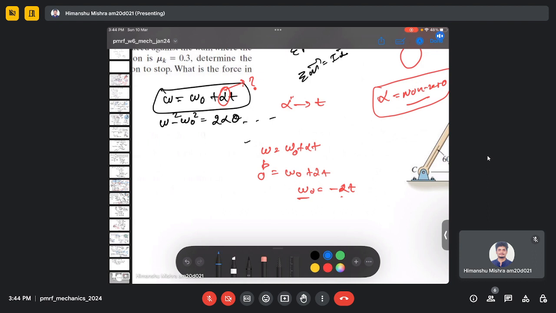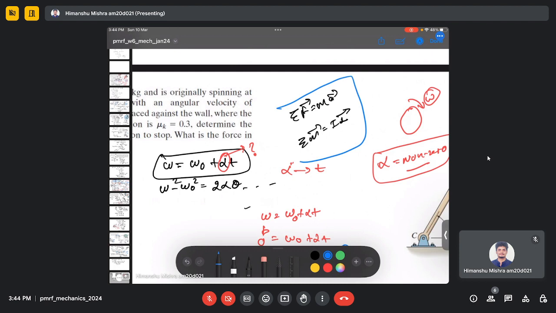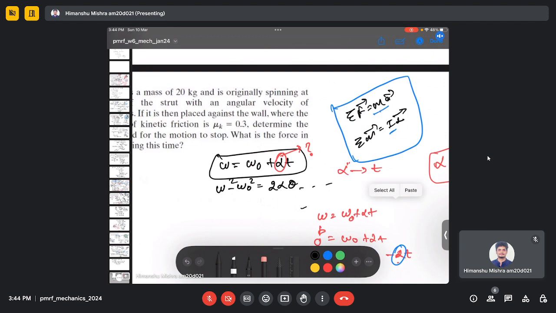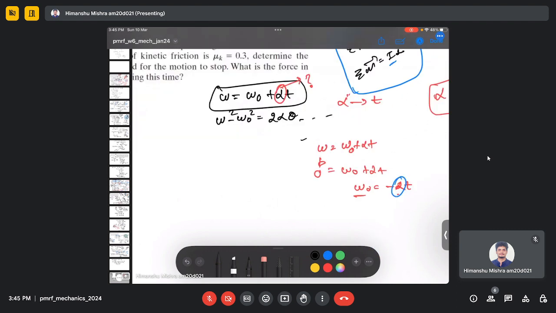Now, in order to calculate this angular acceleration, we have to do the usual stuff, where we do the summation of force and the summation of moment, and for the inertial body, it is equal to ma for the force and I alpha for the rotational motion. And to do all this summation, we need to first make the free body diagram.